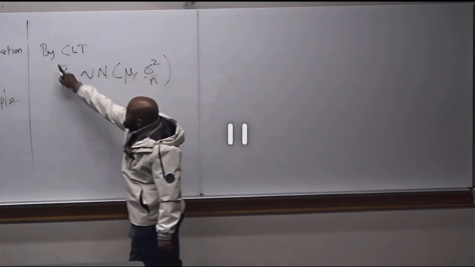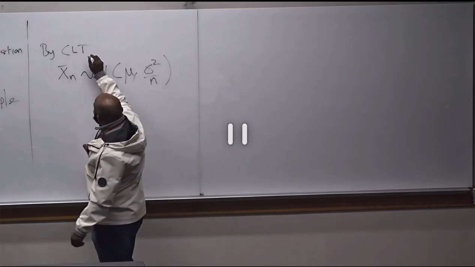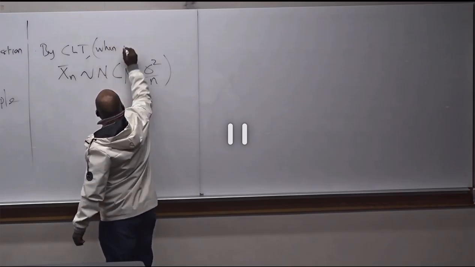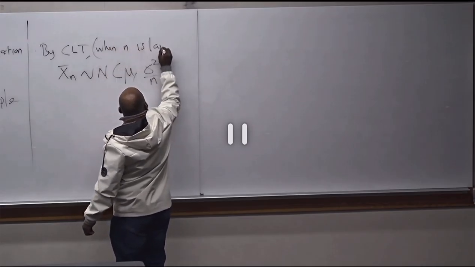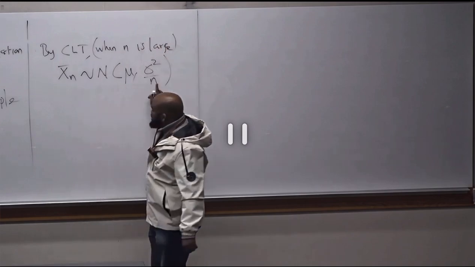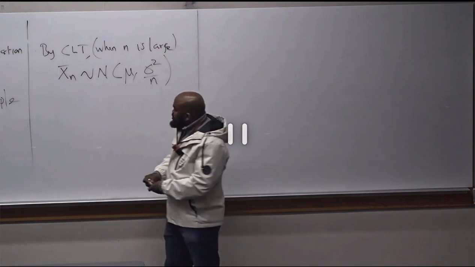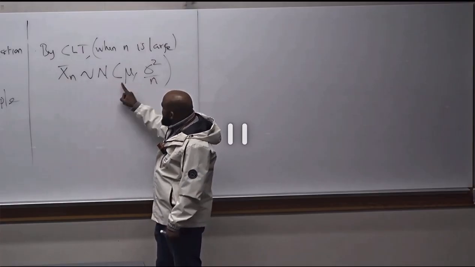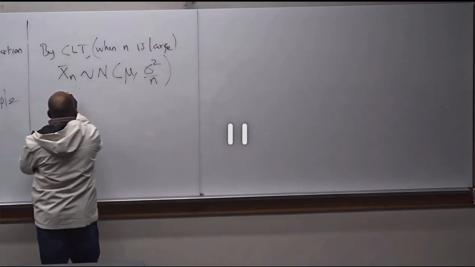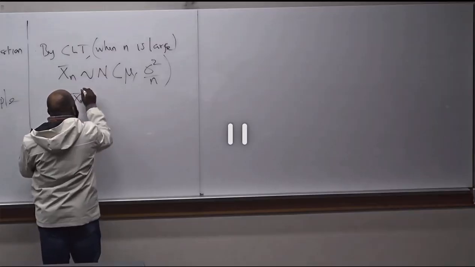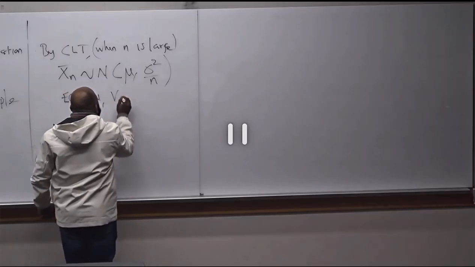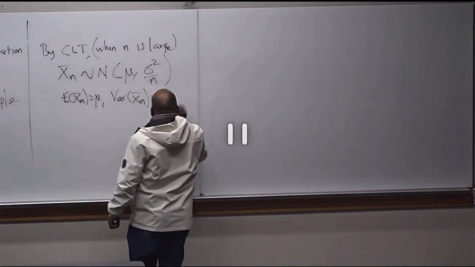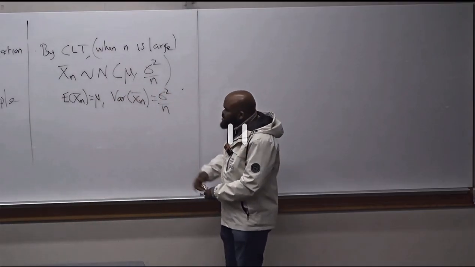By central limit theorem, we mean when n is large, this is actually going to happen. The distribution of the sample mean follows this. So what this is trying to say is that the expectation of this equals mu, and the variance of this equals sigma square over n. This is by central limit theorem.